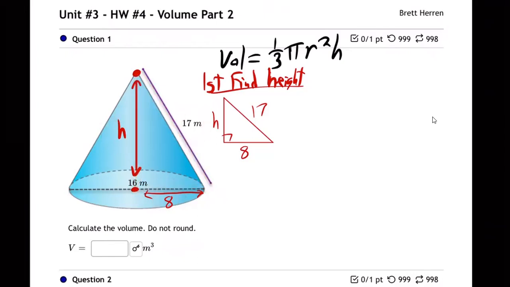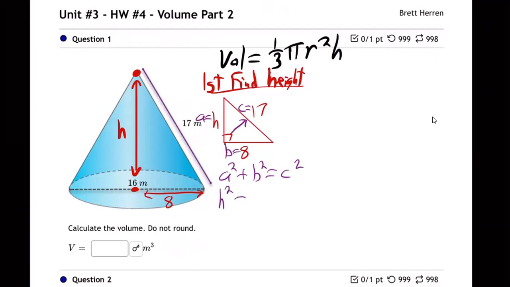So how do we find h? You know the formula, right? It's going to be a squared plus b squared is c squared. Which one's the c? The one across from the right angle. So this is a, b, and c.